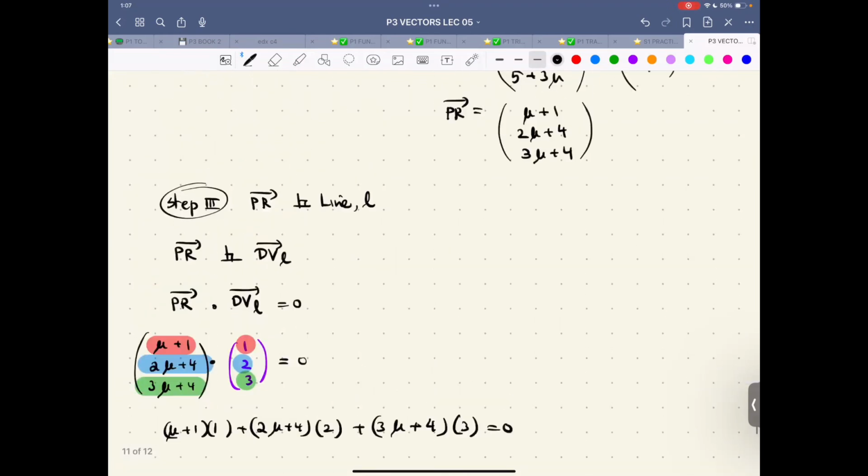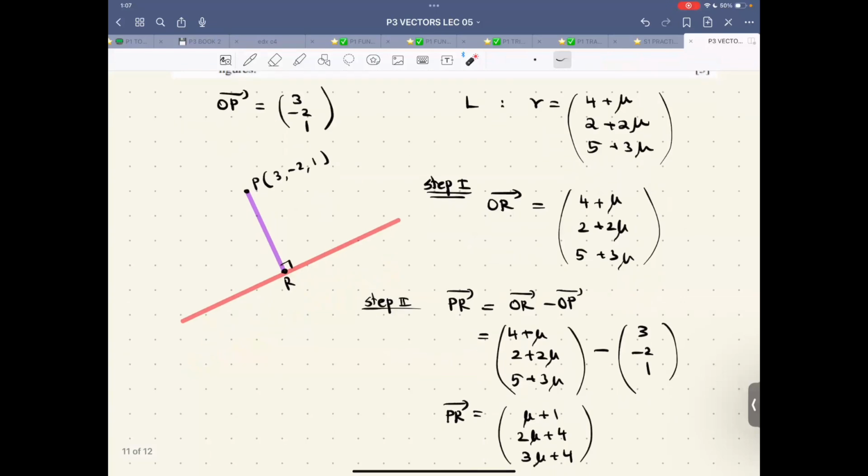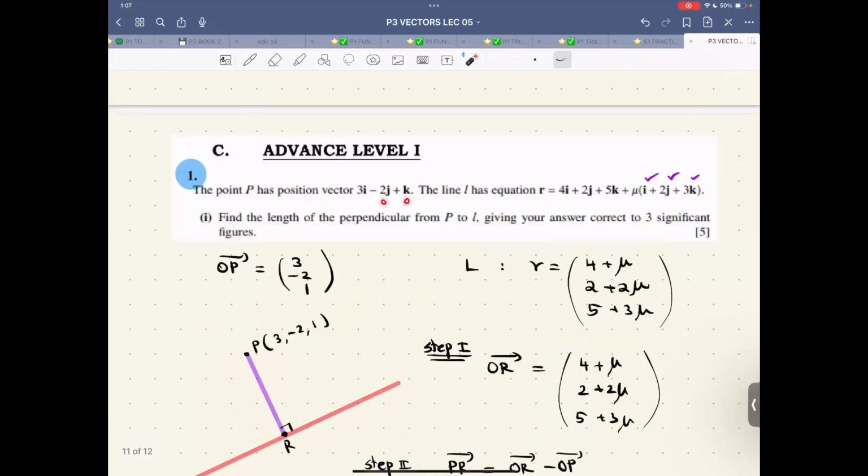Let me double check my working before I make a mistake somewhere else. This is 3, negative 2, 1. Good. This is 4, this is mu. 4 plus mu. This is 2, this is 2 mu. This is 5, this is 3 mu.